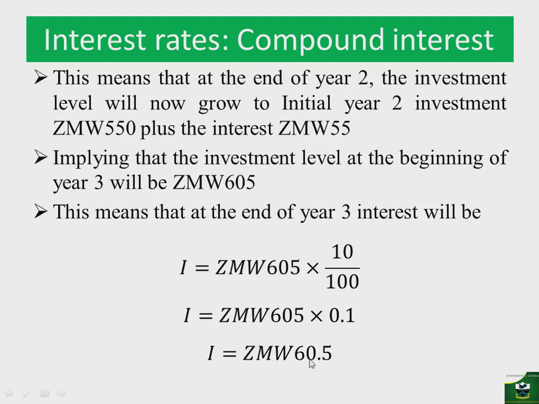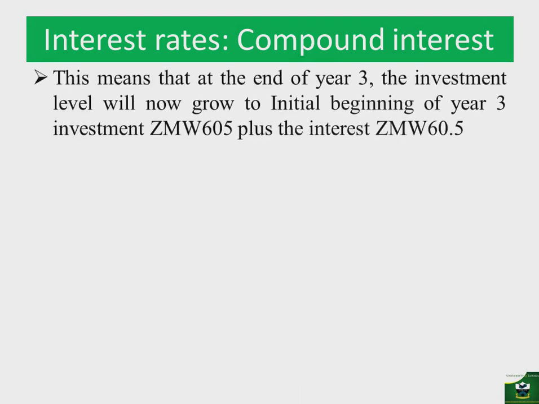So this 60.5 kwacha is the interest obtained from this 605 which has been invested at the beginning of year 3. So at the end of year 3, what you will have is this 605 plus the 60.5 interest which you obtained from the investment.